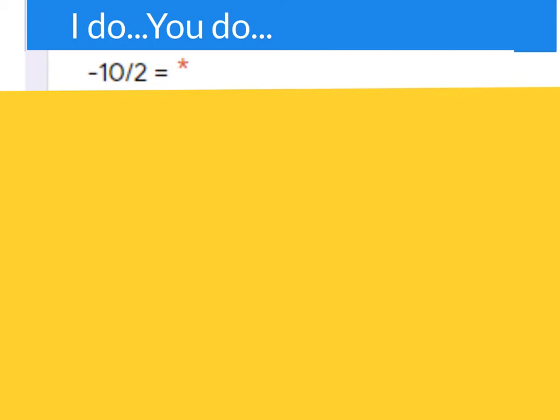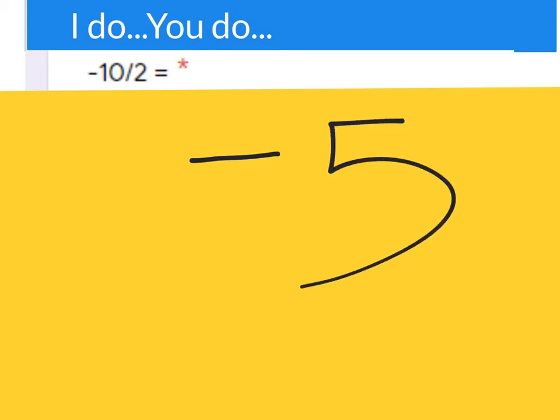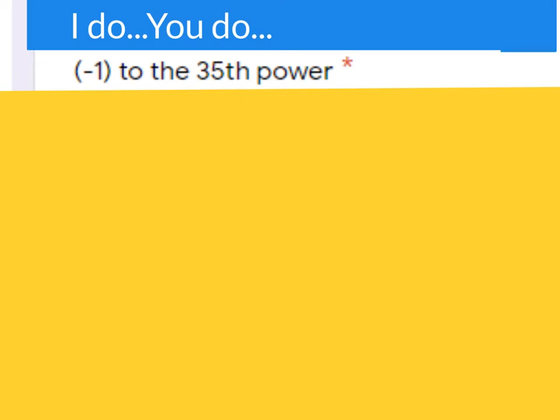Another quick, easy one. I count the negatives. I have 1 negative, so my answer is going to be negative because that's an odd number of negatives. 10 divided by 2 is 5, so my answer is -5. Again, I'm going to write this the way I should have written it, with an actual exponent, -1 to the 35th power. Now you might only see one negative, but this problem represents -1 times -1 times -1 times -1, 35 of those.